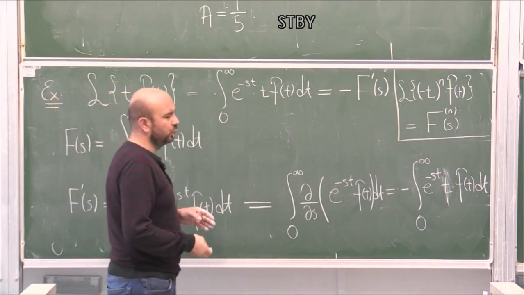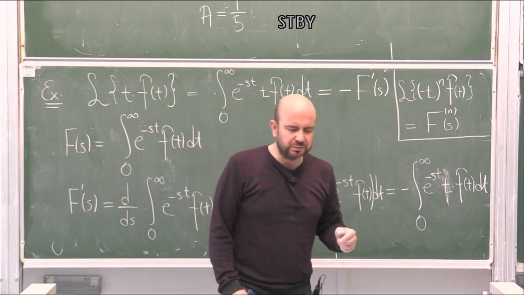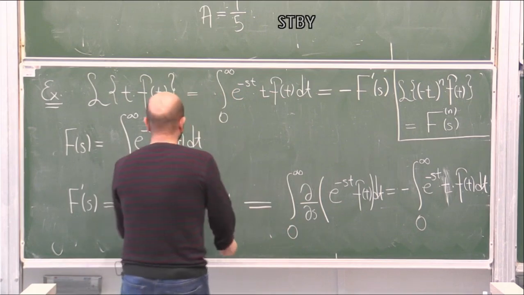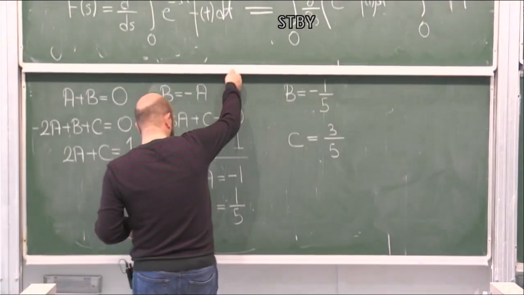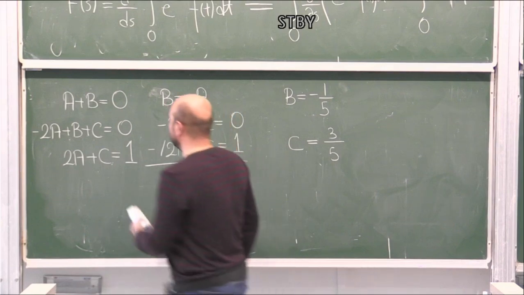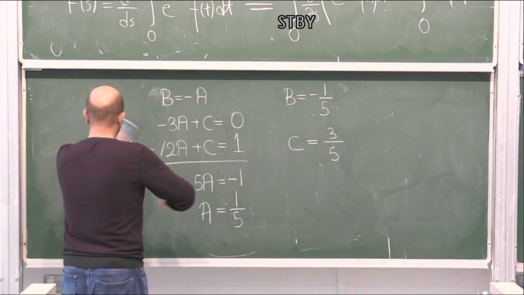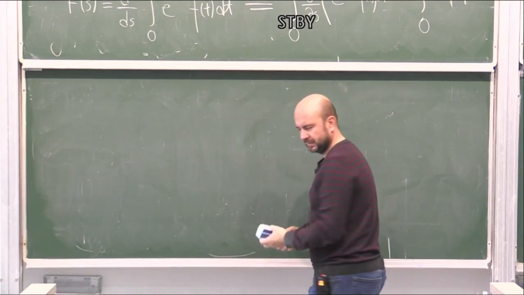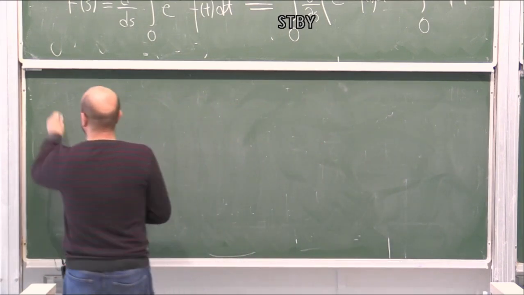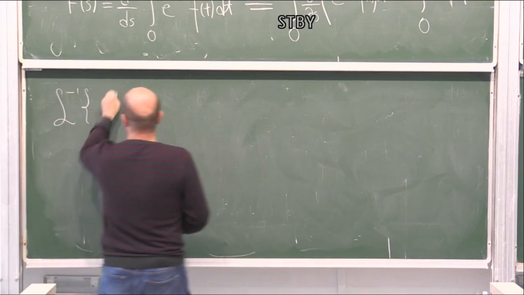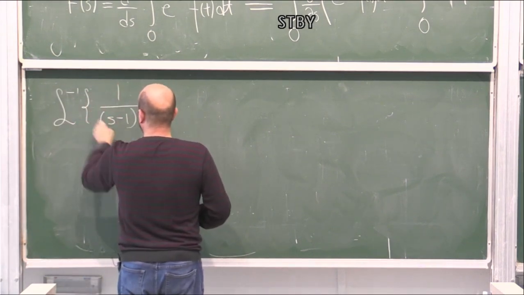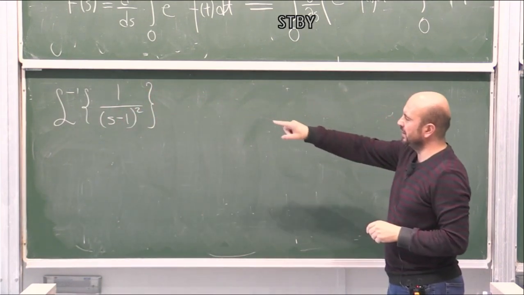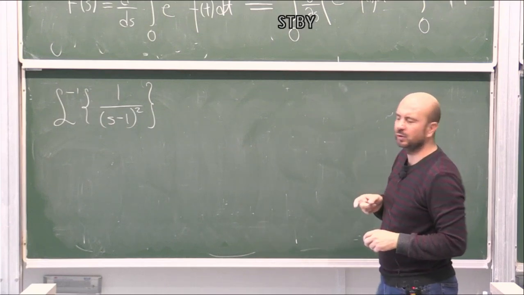So until now, we didn't know anything about 1 over s minus 1 squared, for example. So if you look at the inverse Laplace of 1 over s minus 1 squared, what is happening here actually? This is the minus 1 times the derivative of 1 over s minus 1.